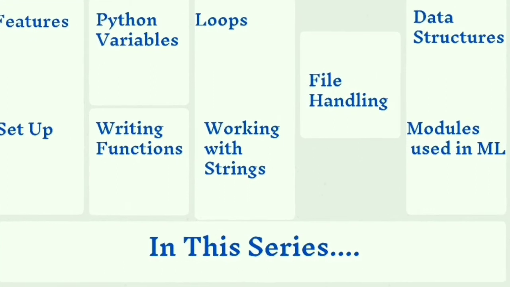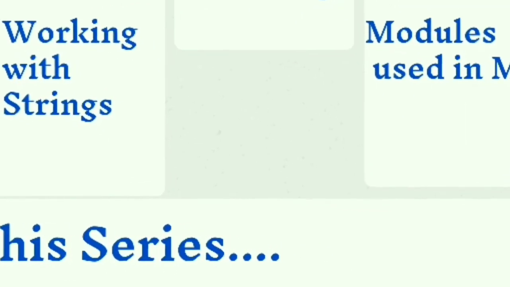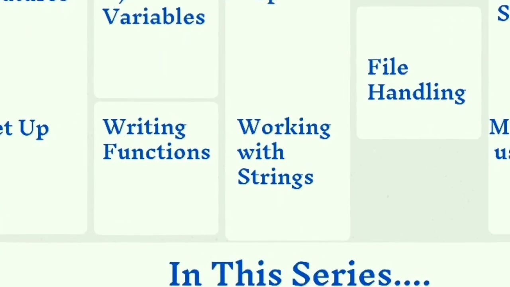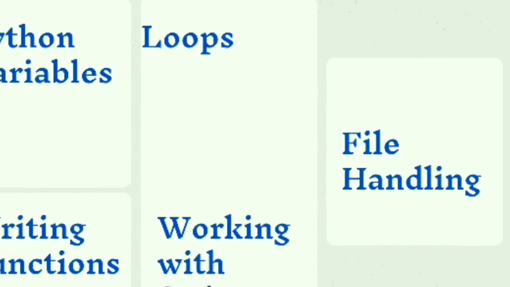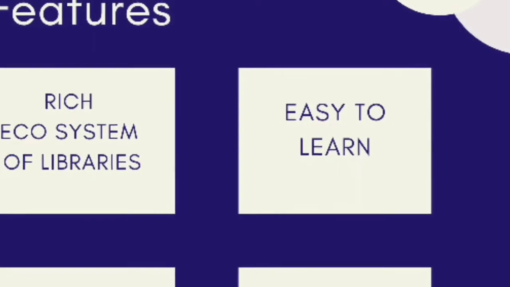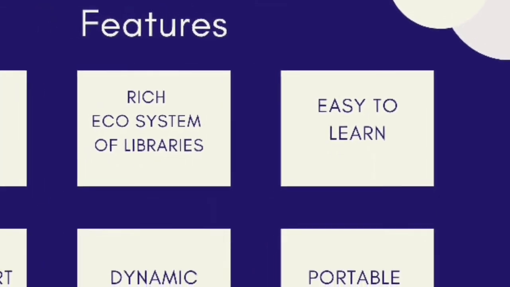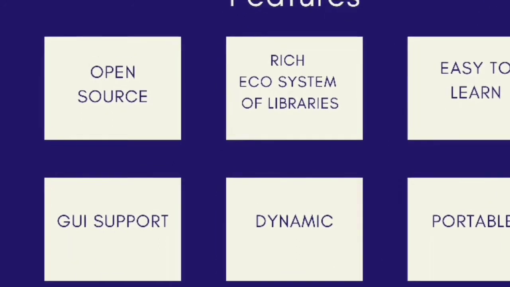And then we will be moving on to the modules that are used in machine learning like pandas, numpy, matplotlib, and so on. So all in all, this will be a complete package that will help you get started with your journey.